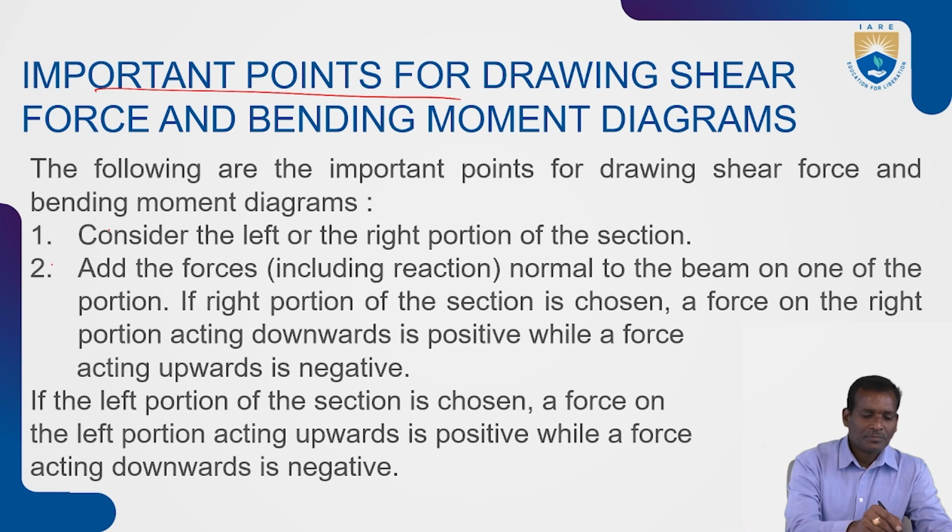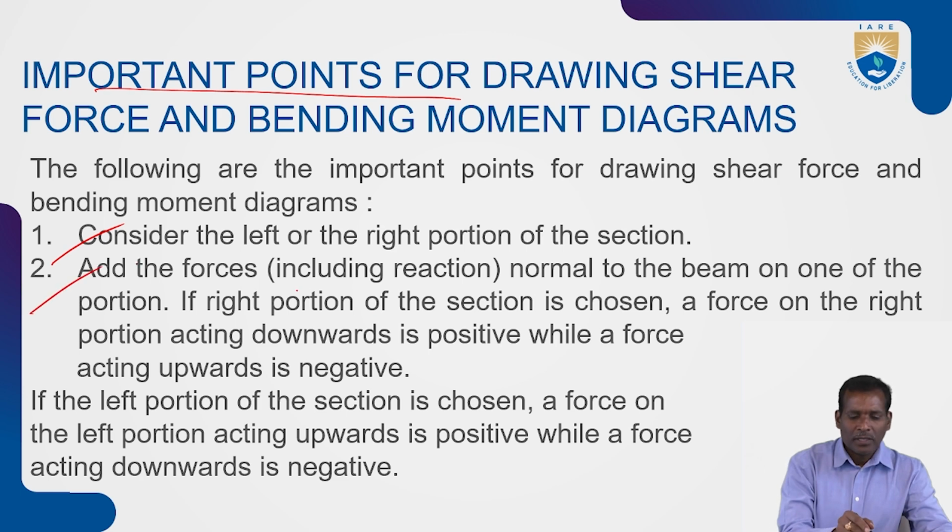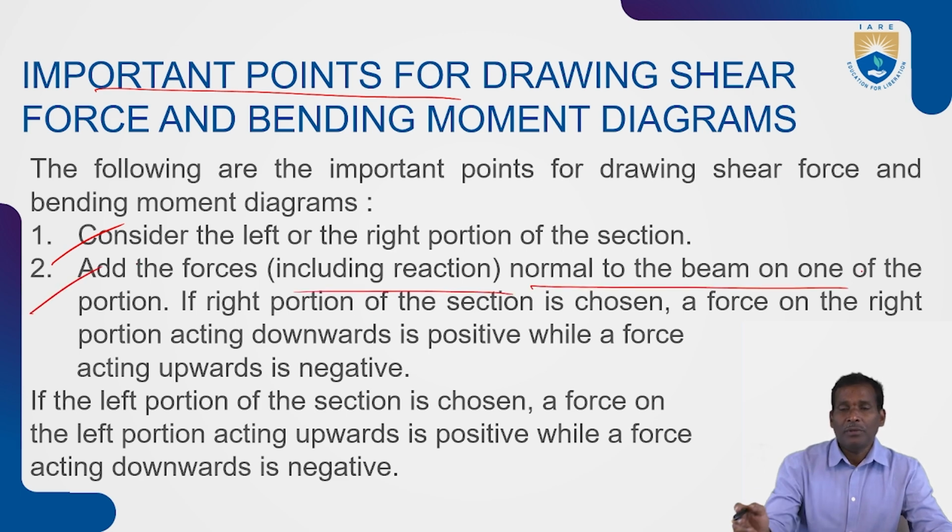First divide the beam into two sections, separate the left portion and the right portion, and consider either one. Add the forces, including reactions, normal to the beam on one of the portions.